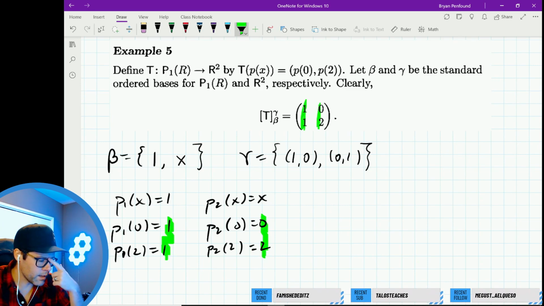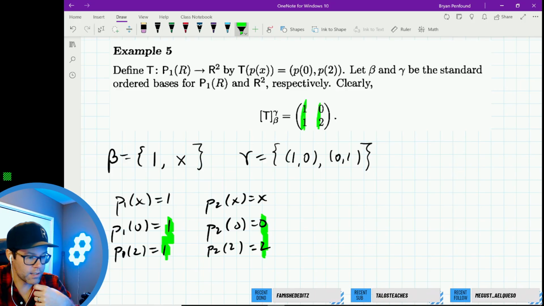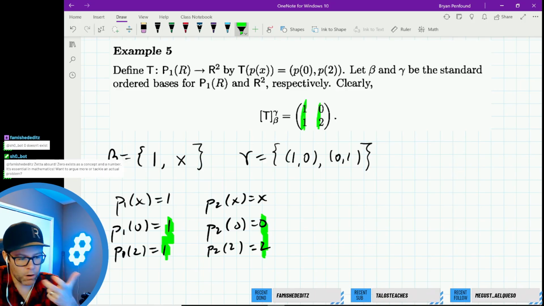Got it. Okay, so we're taking the standard basis. We're evaluating each of those basis vectors at 0 and 2 to get the columns that we need for the transition matrix from P1 into R2.